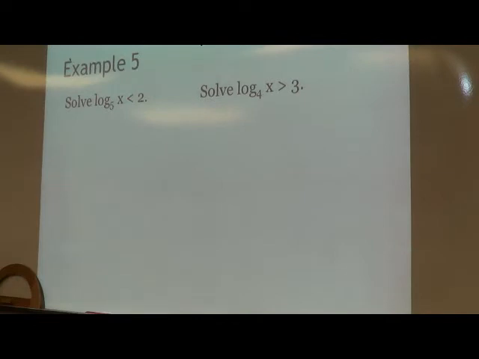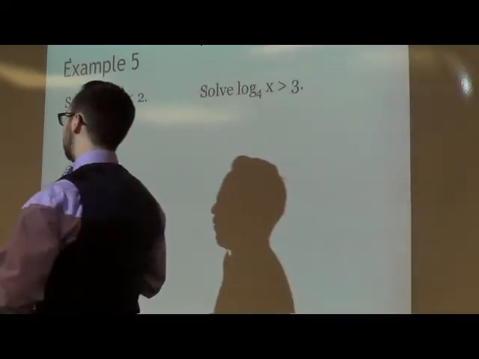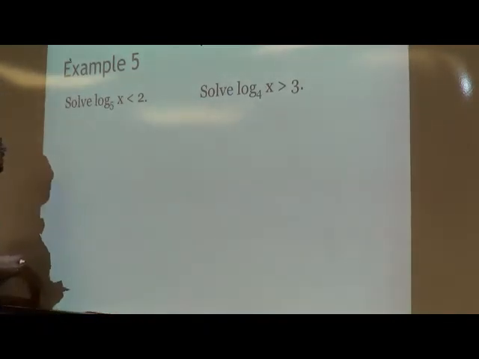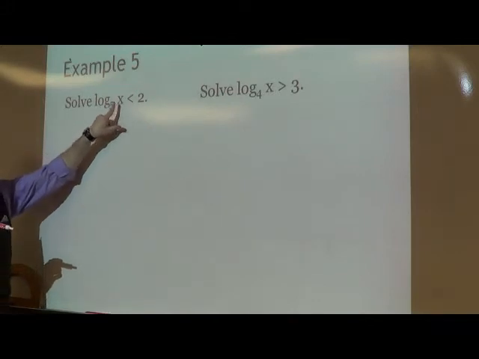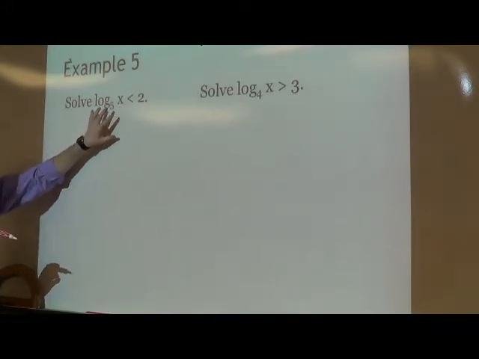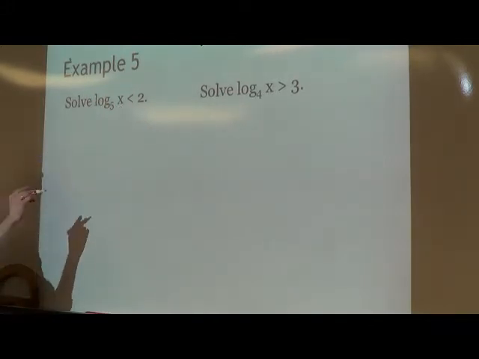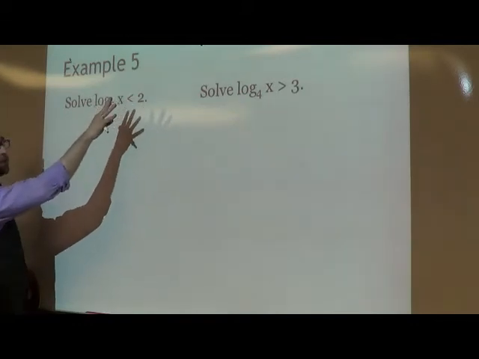Okay, so looking at log base 5 of x is less than 2. The one thing you want to realize is that for a logarithm, the value inside of here, if you remember the x values, the domain is all positive real numbers. So first we're going to write this in exponential form.